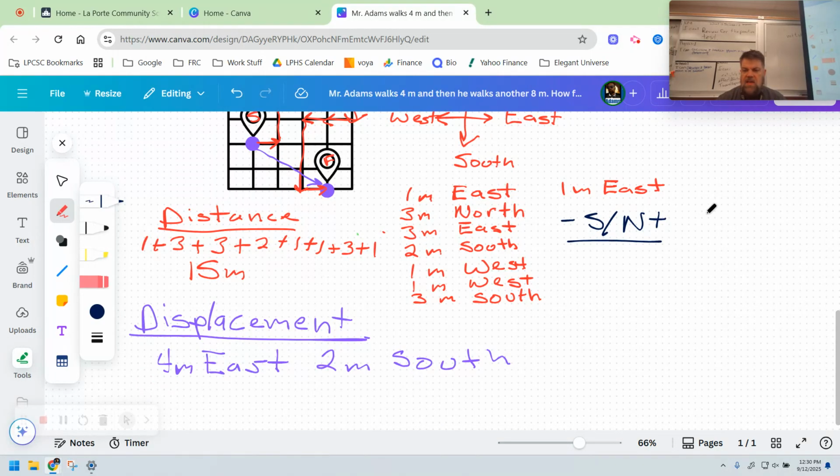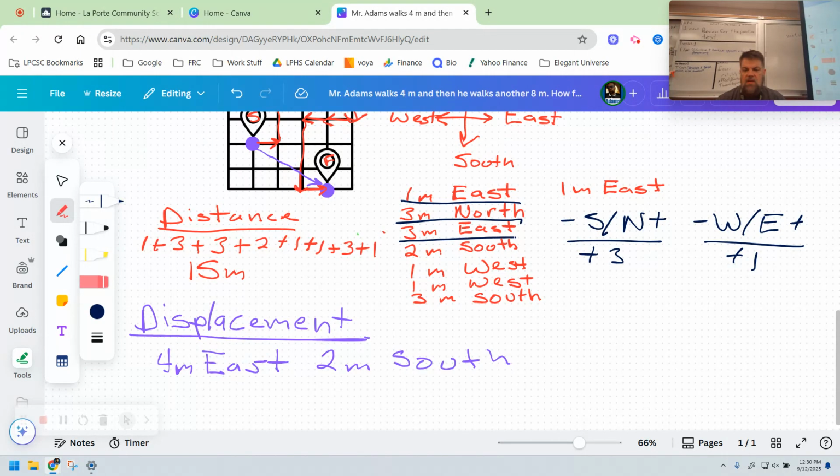If I say west versus east, east would be a positive number and west would be negative. So my first one is 1 meter east, so that's a +1. My next one is 3 meters north. North is positive, so that's +3.